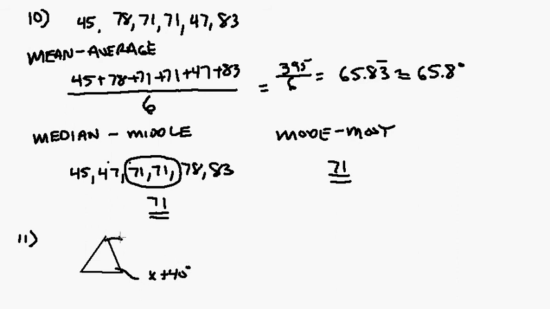Let's say this angle was represented by the expression 2x minus 70. And that this angle was represented by the expression 3x plus 30.